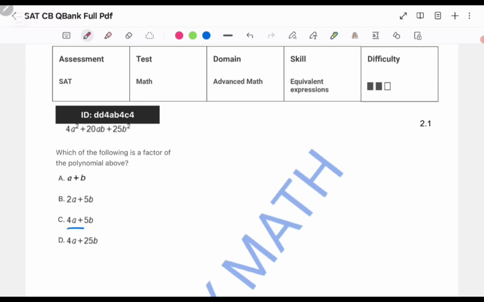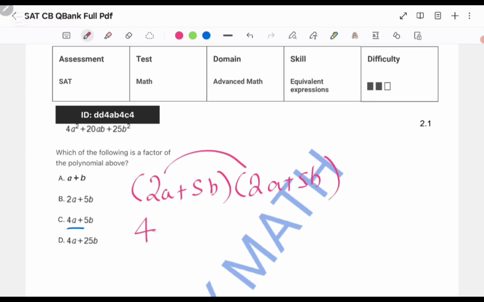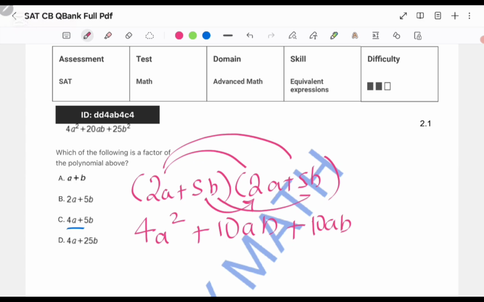Let's try that out with B, and I can see some patterns that yes, this could be a right answer. So 2a plus 5b. The 2a with the 2a, we have 4a squared, 2a and 5b, we have 10ab, and then we have another 10ab, and then plus 25b squared.